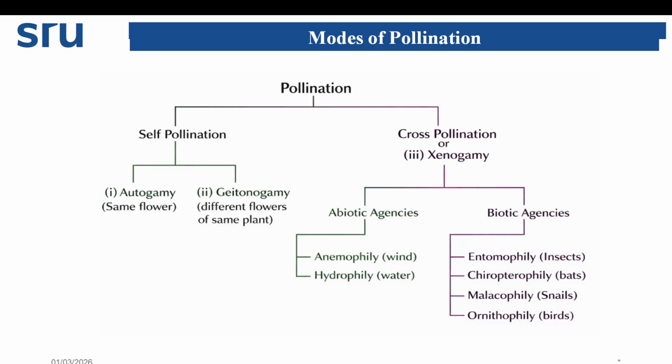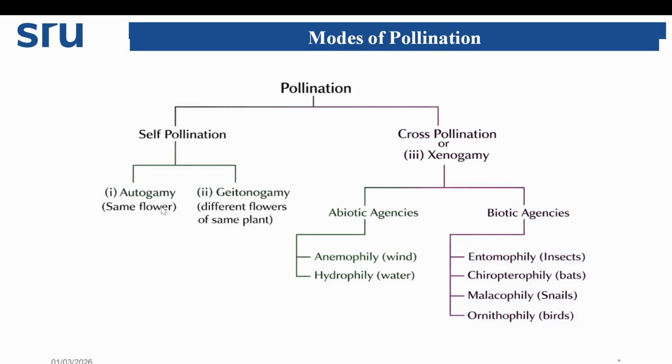Okay. So see, this is the flow chart showing the classification of pollination. Mainly two types of pollination are there. One is self-pollination, the second is cross-pollination, or you can say xenogamy.